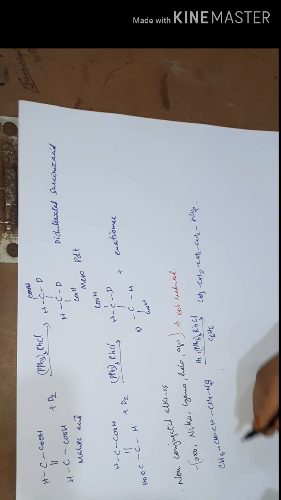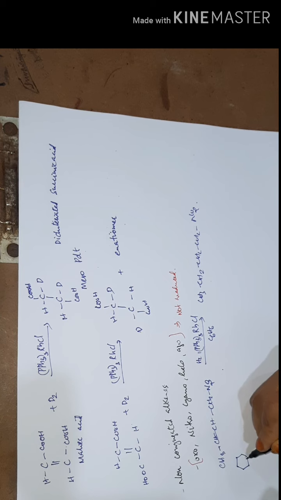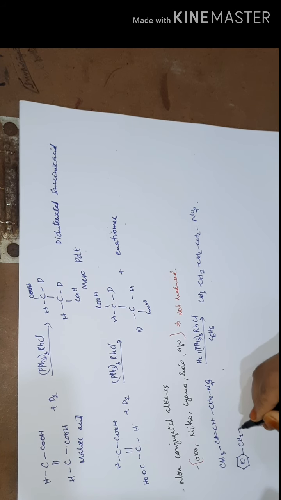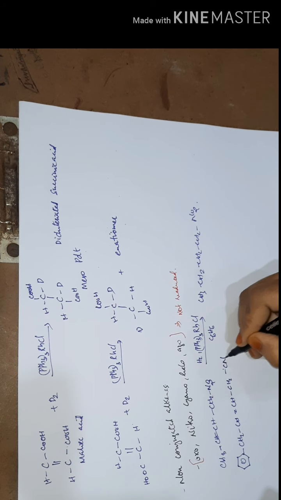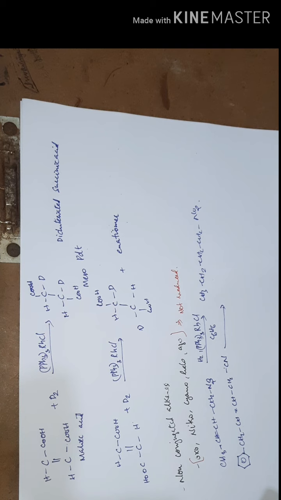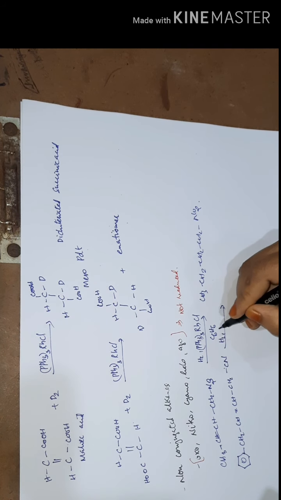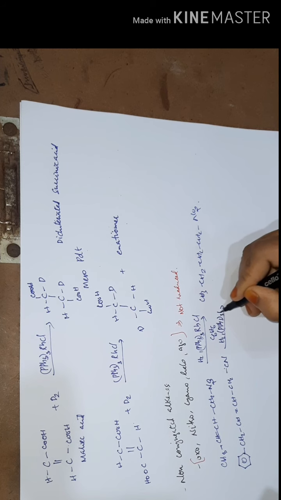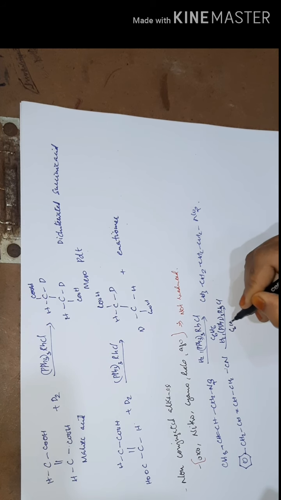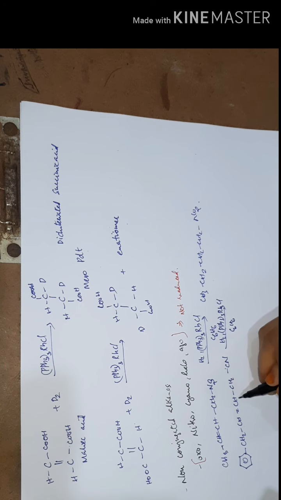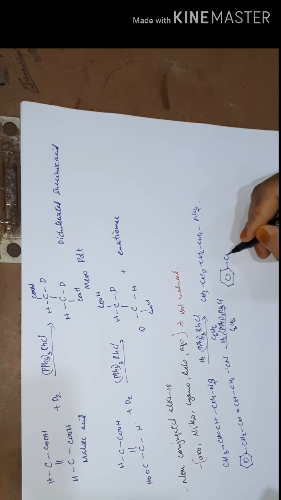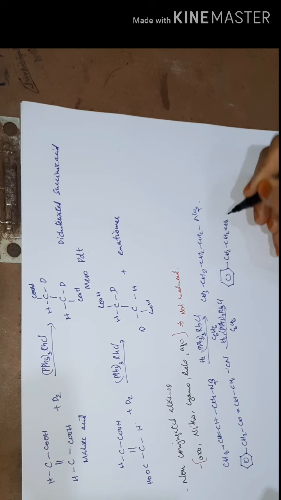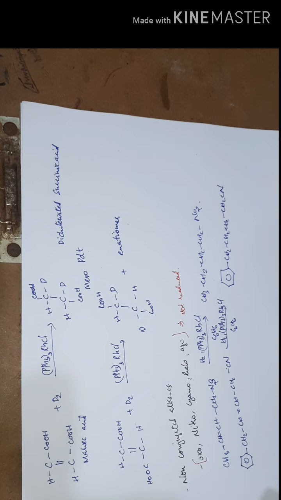Another example is a compound having a cyano group, in the presence of the catalyst triphenylphosphine rhodium chloride and benzene. Only this double bond is reduced, not the CN group. So these are some of the examples.